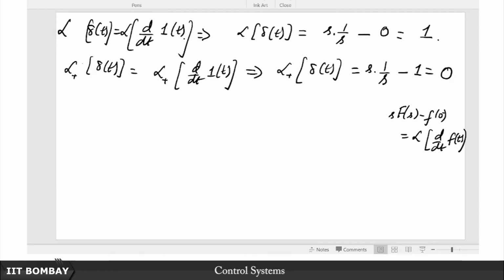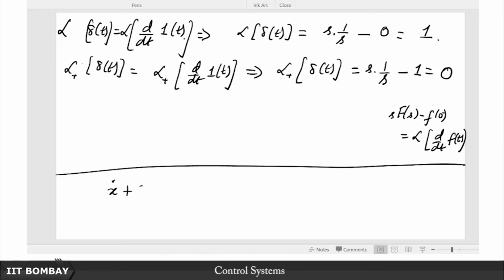Suppose we want to solve this in the classical method. What do we do? So then we consider that, again let me rewrite this. We have, for example, x dot plus 2x is equal to delta, alright.